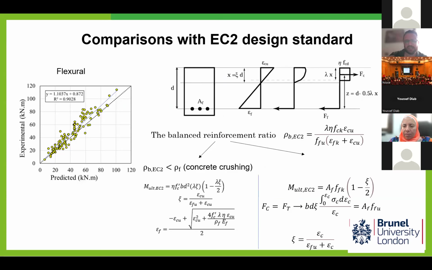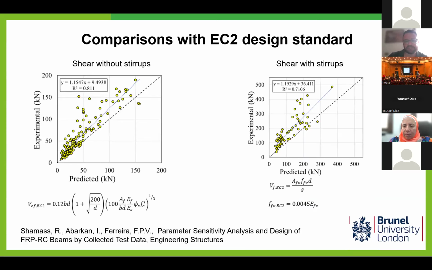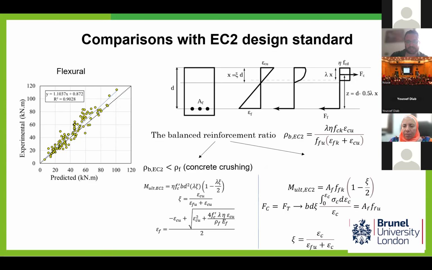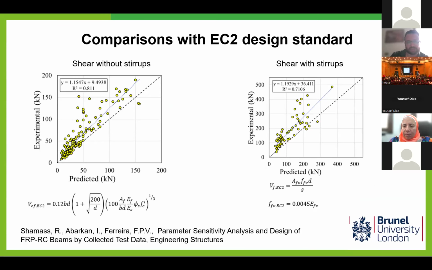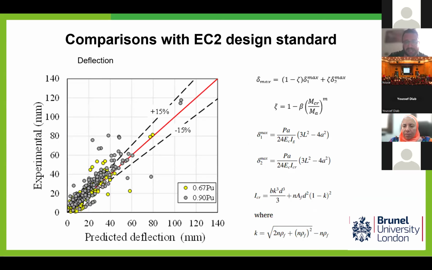For comparison with design, we propose a design standard according to Eurocode, using the principles we know in Eurocode, and we compare it with test data by collecting about 330 data points. We did that for flexure, for shear with and without stirrups, and also for deflection.